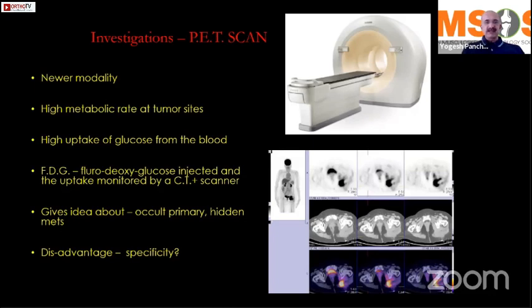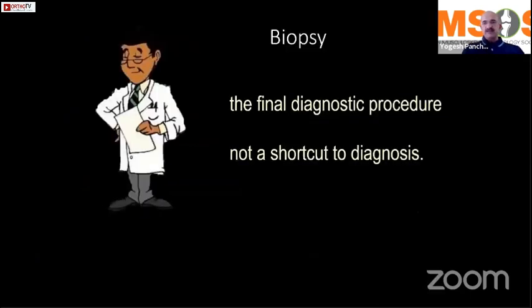The problem with the PET scan currently is the specificity. PET scans do lack specificity. They don't show an FDG uptake in lesions less than 1 centimeter in size, and that is where the problems start coming in. So for distant staging of osteosarcoma, we still prefer a plain CT scan of the chest along with a 3-phase bone scan.